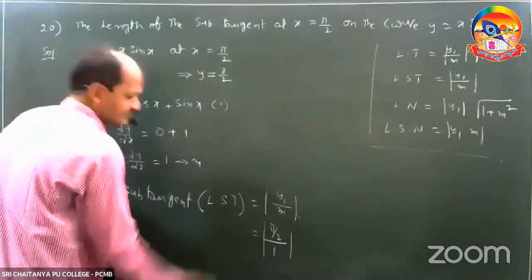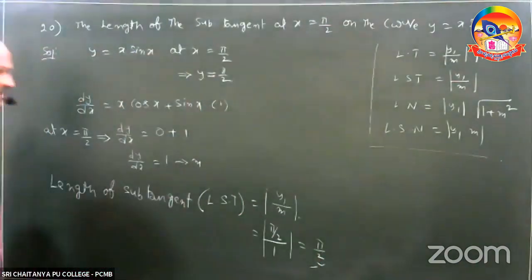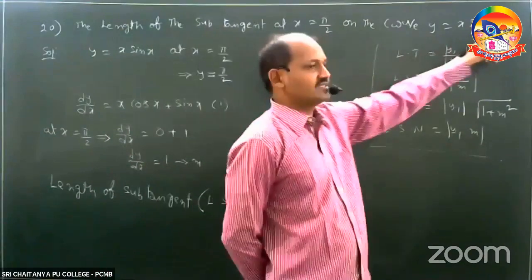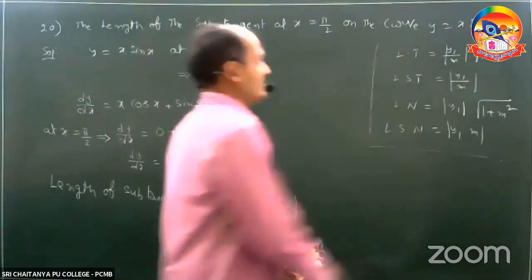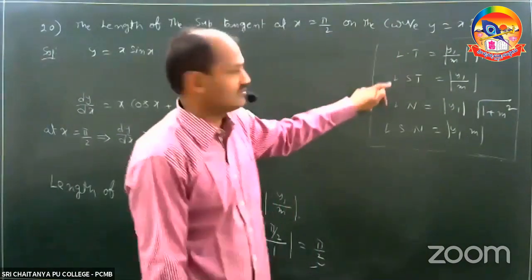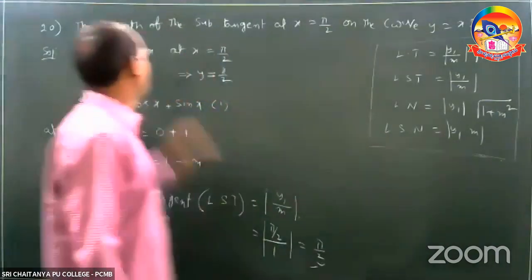Slope is 1. So clearly it is pi by 2. This is the length of subtangent of the curve y is equal to x sin x at x is equal to pi by 2. So these are the formulas: length of tangent, length of subtangent, length of normal, length of subnormal. Okay? Right.